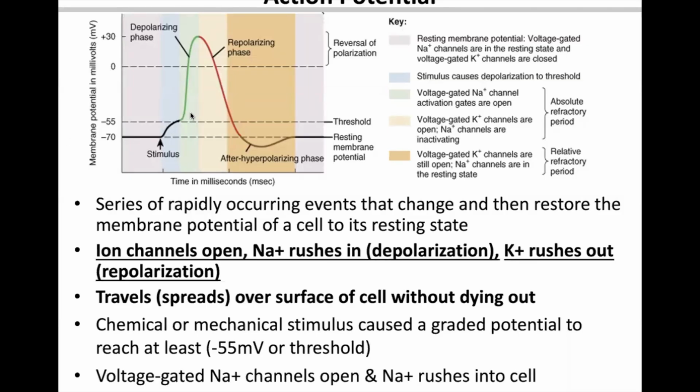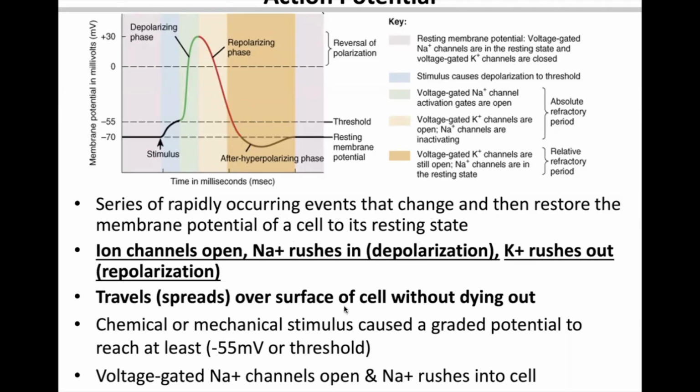If it does reach threshold at negative 55, it will shoot up, which is the depolarization phase, then go to positive 30, the phase at which it will try to return to its resting phase, goes into repolarization and goes to the resting phase. At a certain time, it can lead into the hyperpolarization phase. So it is a series of rapidly occurring events that change and then restore back to the resting state.